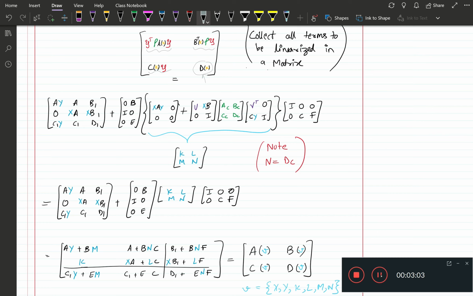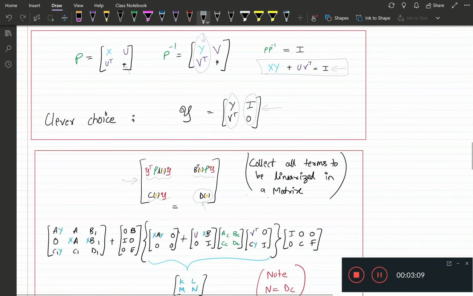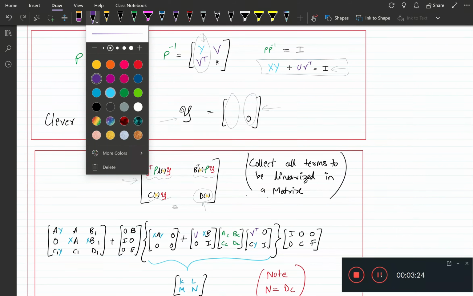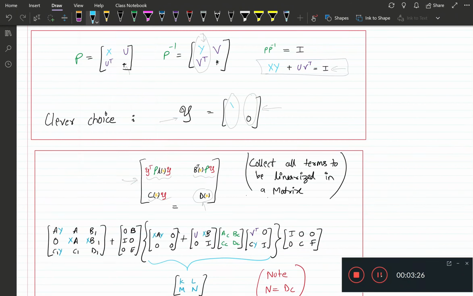So if we consider this matrix and plug in the clever choice of Y that we just proposed, Y V transpose, let me also use color notation here: that one for Y and that one for V.